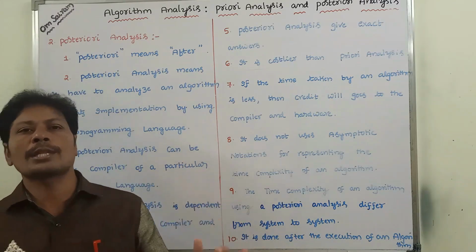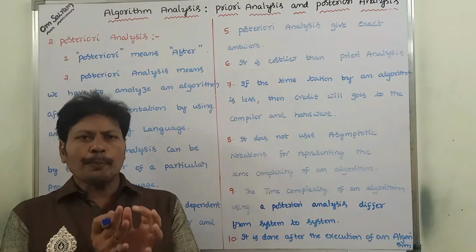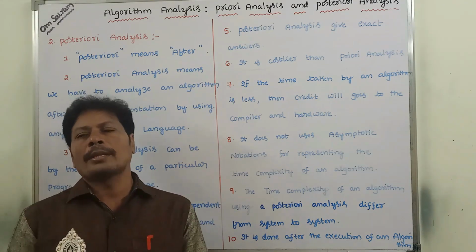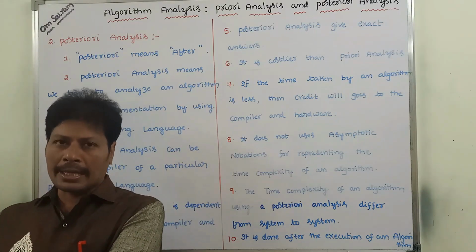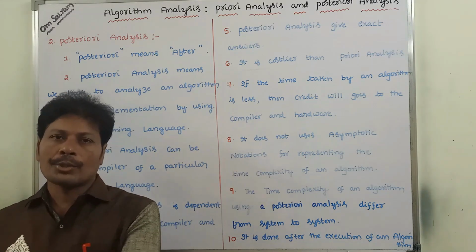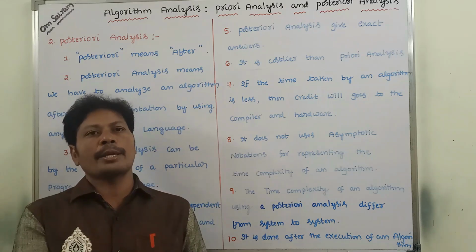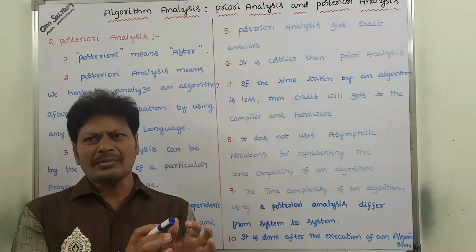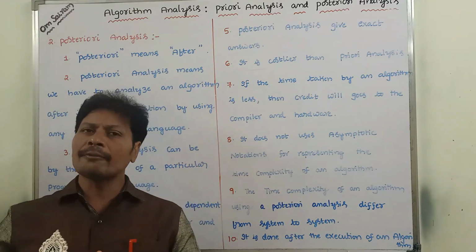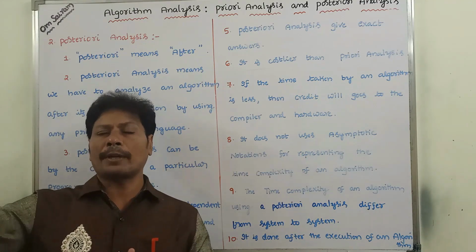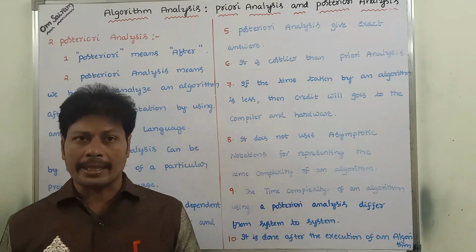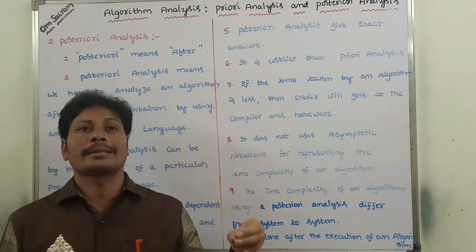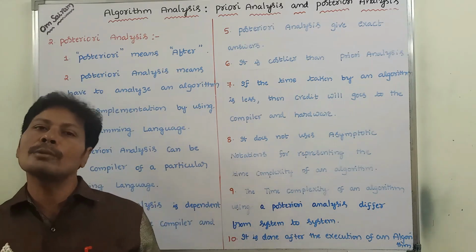Suppose there are two systems. The same program or algorithm is executed on one system and on another system. The time required on the first system is 5 seconds, and on the second system it is 6 seconds. So the time taken for executing the algorithm is different from system to system.